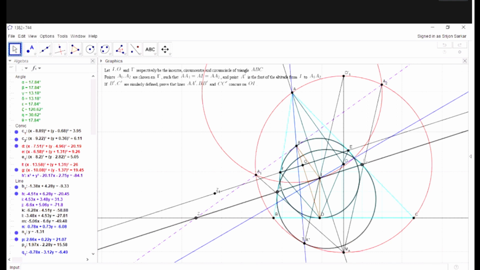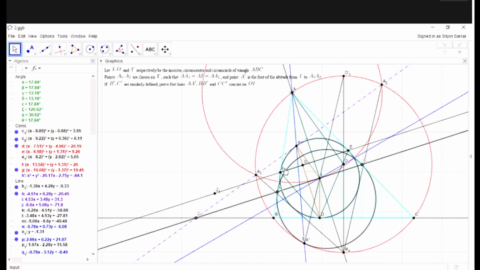Okay. When I told about that A dash lies in the incircle, I used fact 5 certainly. Like someone was telling that we will use fact 5, right? So I used it in a subtle manner. We consider the triangle formed by A1 and A2, and we use fact 5 considering A1 equal to AI equal to A2.